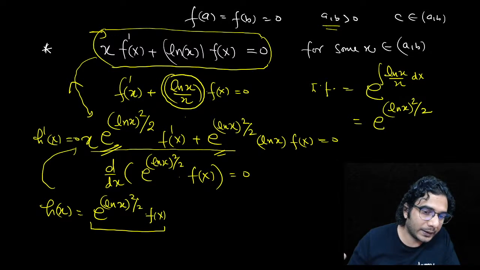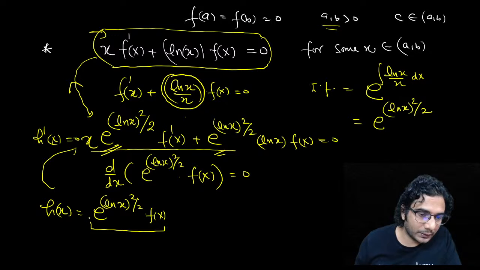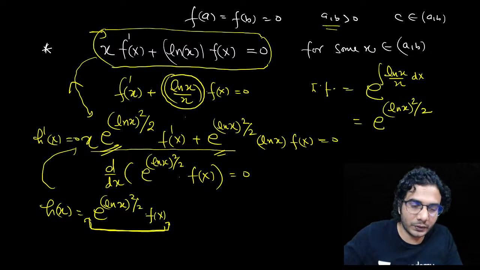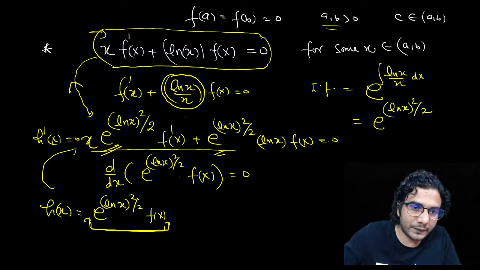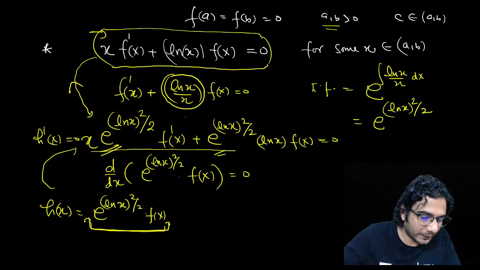After multiplying, you have got a function, this function h x. Now you know that if I differentiate h, then I might get the given equation, if I put h dash x is equal to 0. But to put h dash x equal to 0, you first will have to see whether Rolle's theorem is applicable to this function or not.